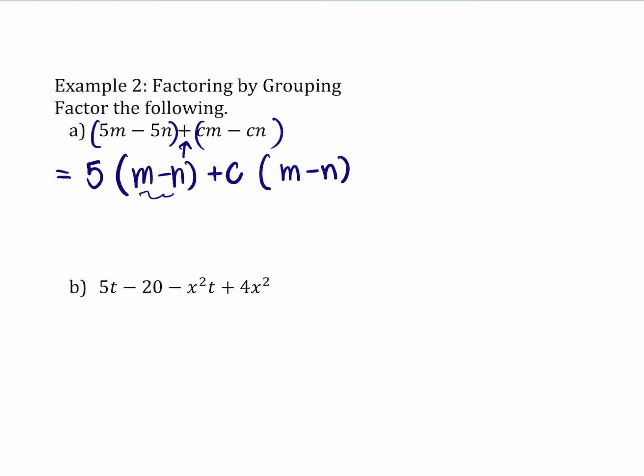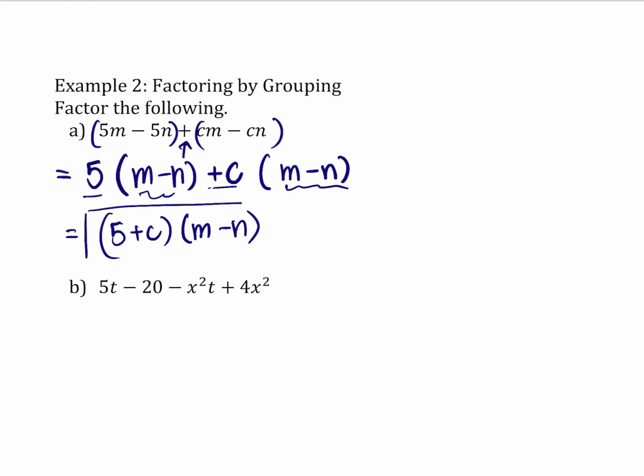And you'll notice, wow, these two are the same, so basically what I'm able to do is now group these two together and multiply it to m minus n. And that's the complete factorization. So that's only if the binomials inside of the parentheses are the same for each of them.